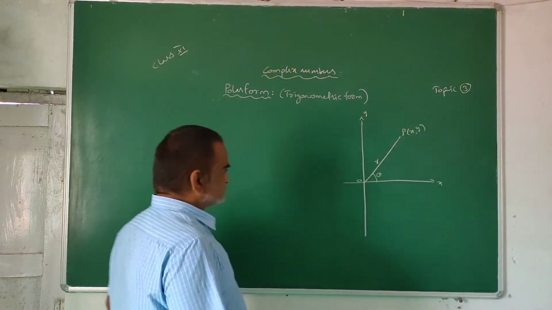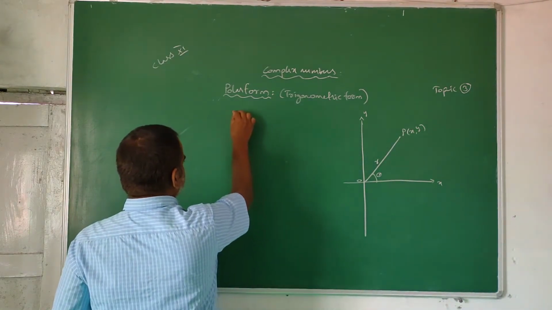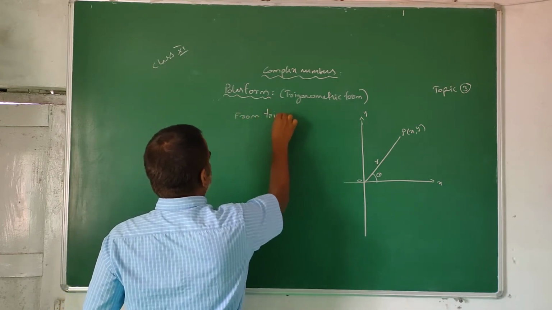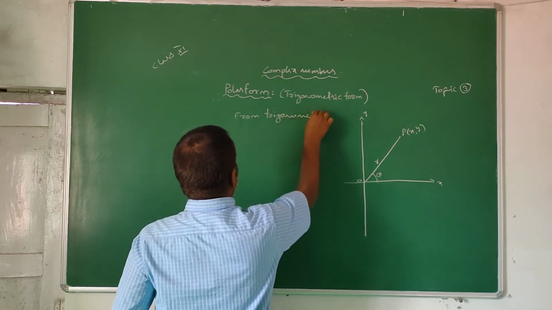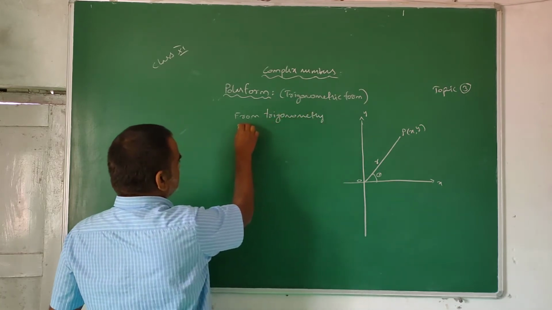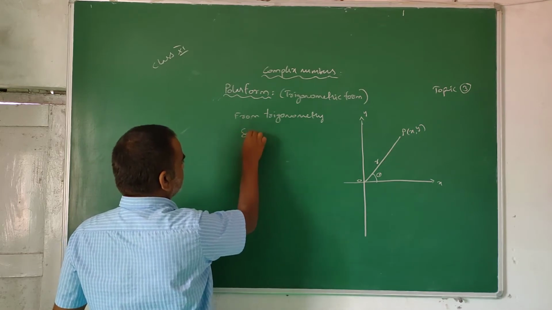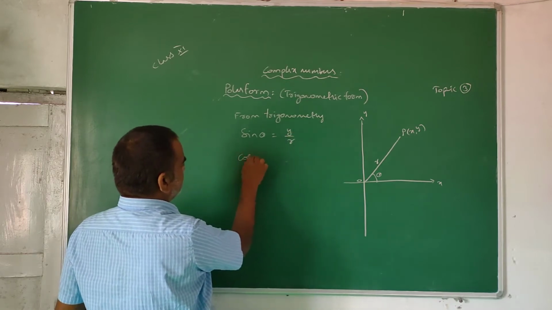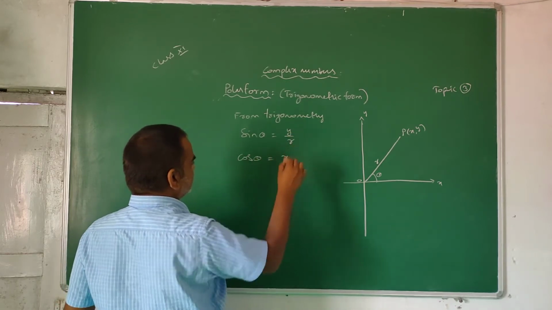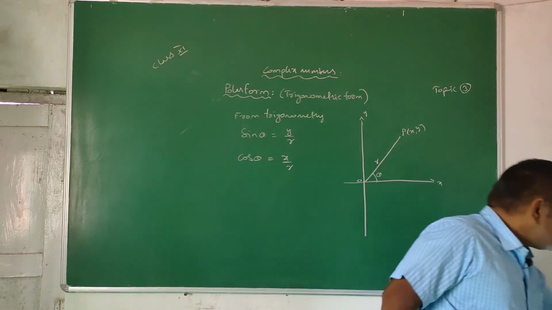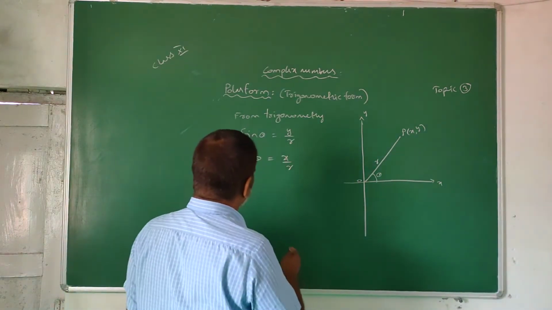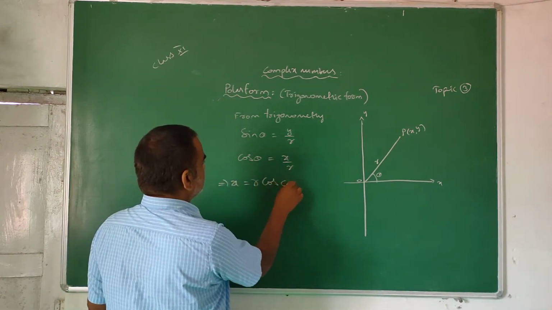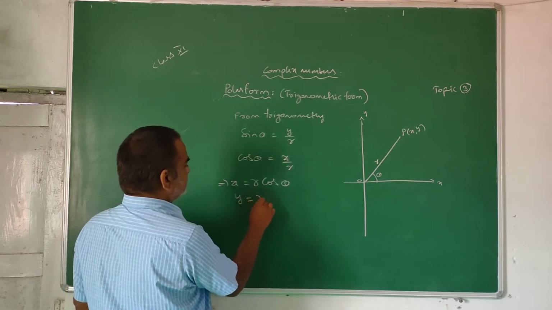Then from trigonometry we know that sin theta is equal to y by r, cos theta is equal to x by r. So this implies x is equal to r cos theta and y is equal to r sin theta.